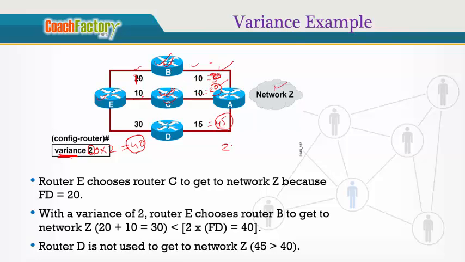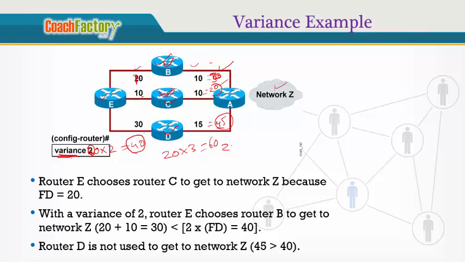If we want router E to also include the path via router D, what we need to do is type variance 3. When we say variance 3, it will be 20 multiplied by 3 equals what? 60.